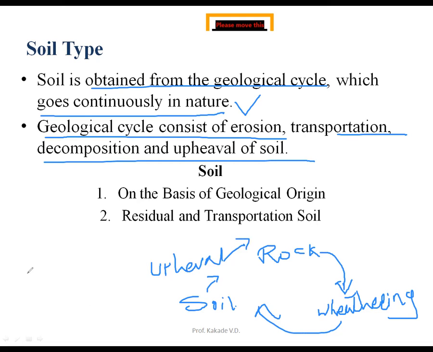Upheaval is the process of compaction. One by one, the particles stay together, cohesive force is produced between these particles, and it is compacted and consolidated properly, and a rock-like structure forms. It never becomes like the parent rock, but it produces a sub-category rock with some similar properties.